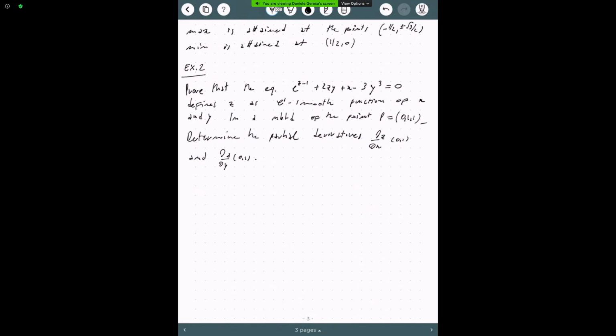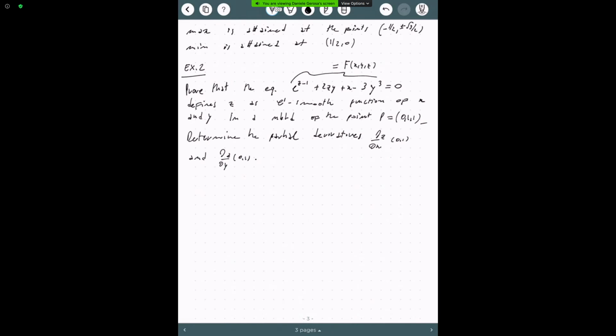So this is exercise number 2. Okay. Right. So we have to use the implicit function theorem, of course. That's an application of the implicit function theorem. Let me call this thing f of x, y, z.